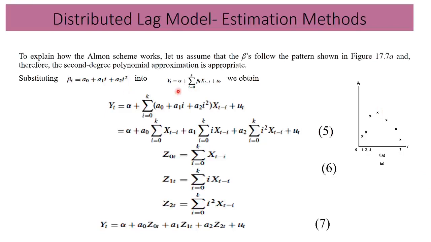The compact form is yt equal to alpha plus sigma of i equal to 0 to k of beta i xt minus i plus ut. And in this case, he defined beta i as beta i equal to a0 plus a1 i plus a2 i square. Here, the degree of polynomial depends upon the number of curvatures.